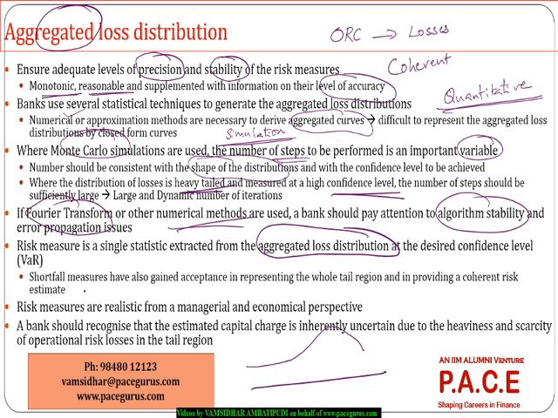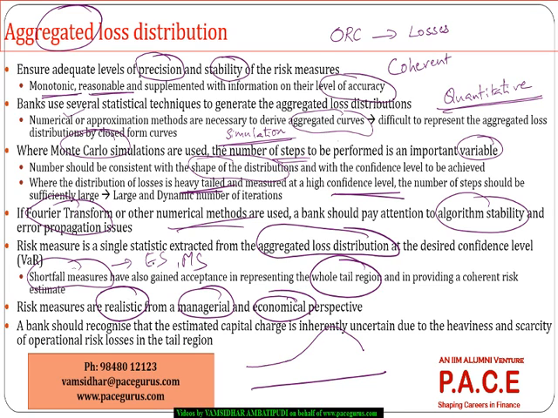But more and more popularity has started coming for shortfall measures like expected shortfall and median shortfall. Such shortfall measures are gaining a lot of acceptance, especially for modeling the tail region and coming out with a coherent risk estimate. So the risk measures are more and more realistic. We have to ensure that the risk measures are realistic from a managerial perspective as well as from an economic standpoint.